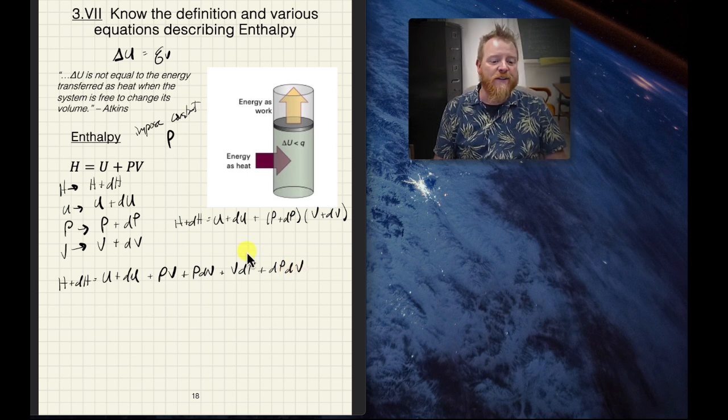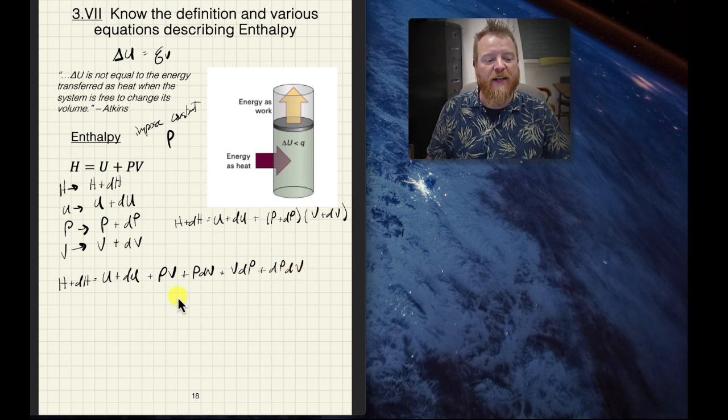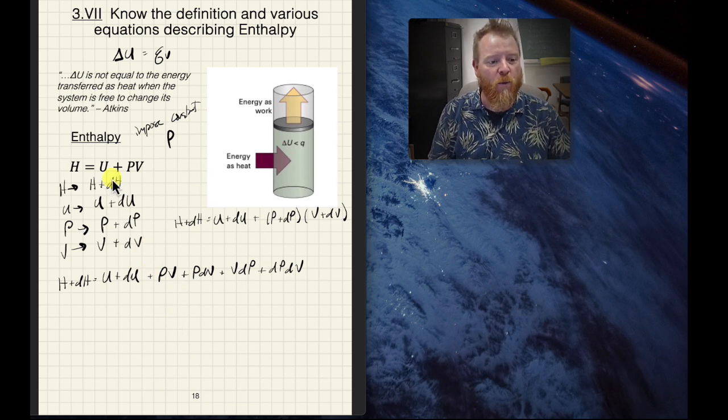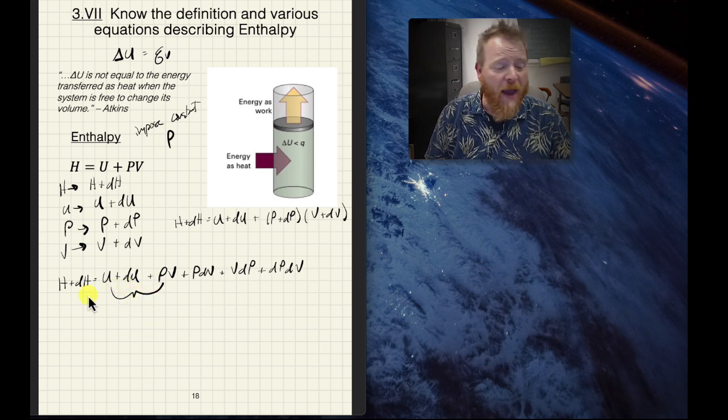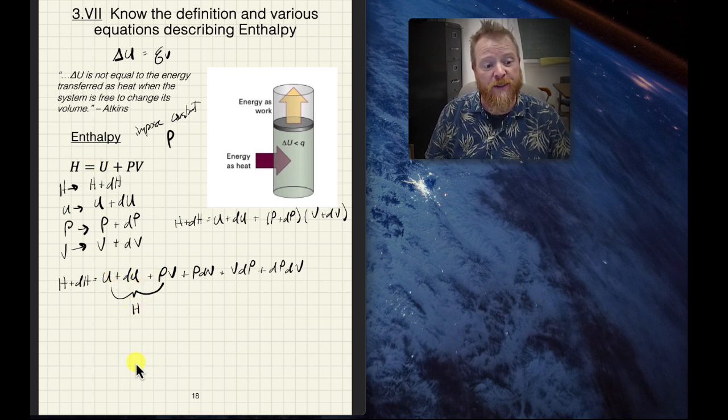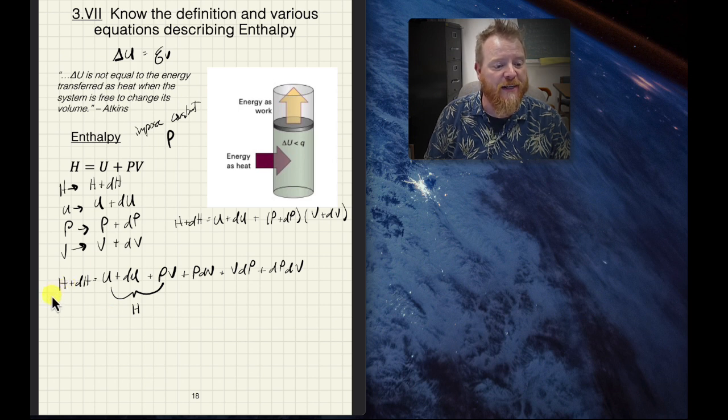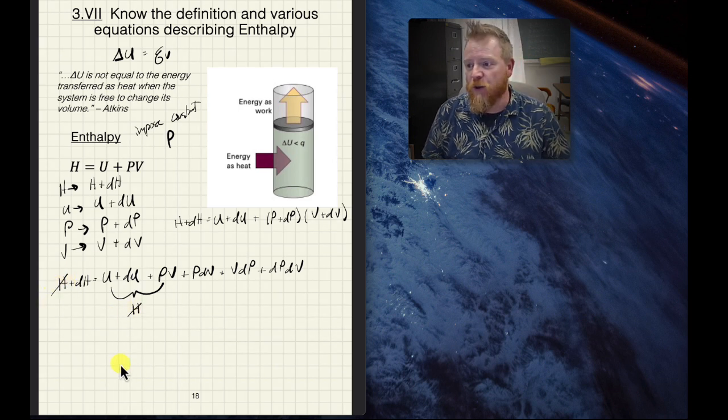Now we want to inspect this for any simplifications we can make. Hopefully we can see right away that we've got a U plus PV right here, and we've got an H. By our original definition, U plus PV just equals the enthalpy, so H and H will cancel.